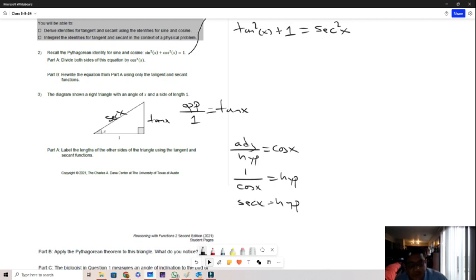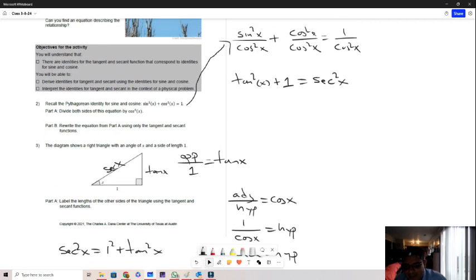Now, notice that with this same setup, if you apply the identity of the hypotenuse squared equals the sum of the squares of the sides, you're going to get that secant squared is 1 squared plus tangent squared. So this is validating the identity that we just got, coming from the main identity.